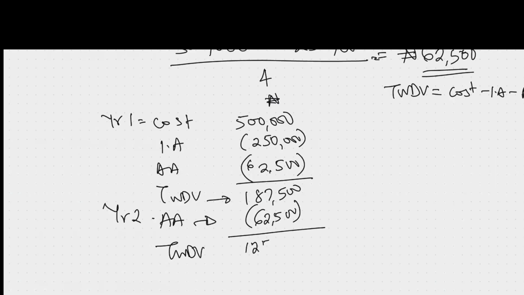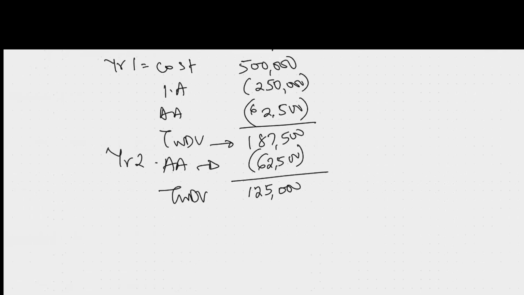So year 3, AA is constant. I'll have tax written down value 62,500. Year 4, annual allowance, which is the year of use.